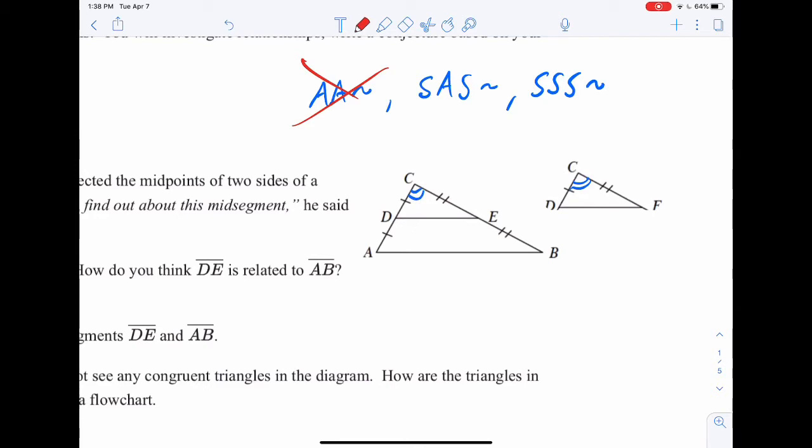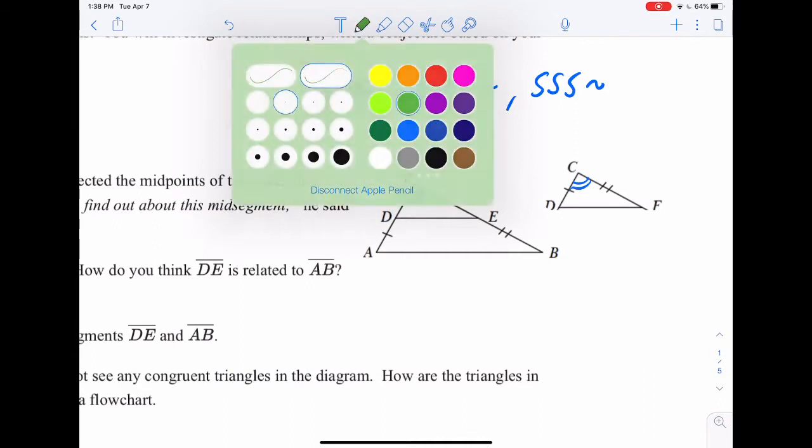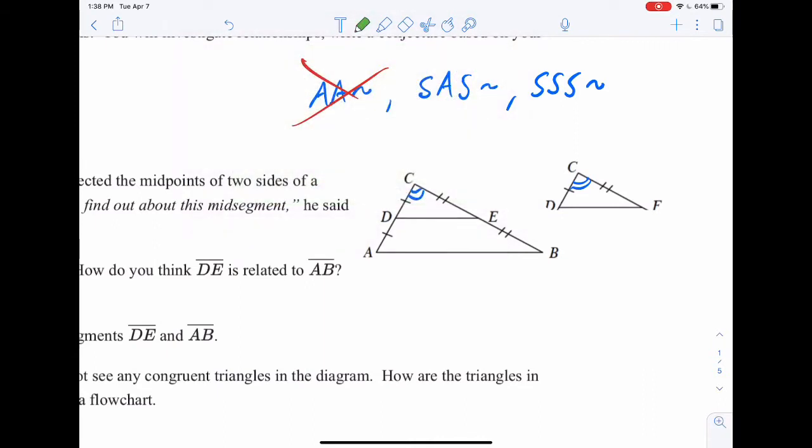Now, what about the side ratios? Do we know anything about the sides? They don't give us numbers, but they give us these tick marks. I'm going to make up a number, just a random number 3. That's not 3 units, I'm just coming up with a number.